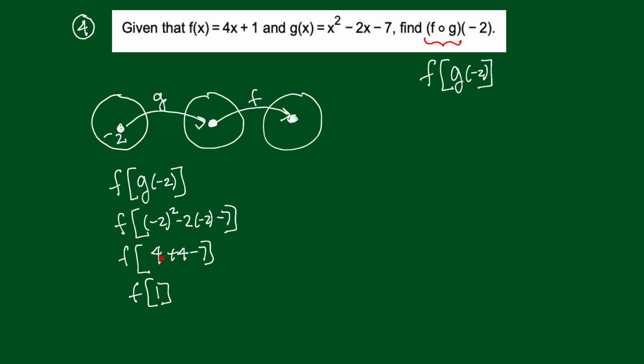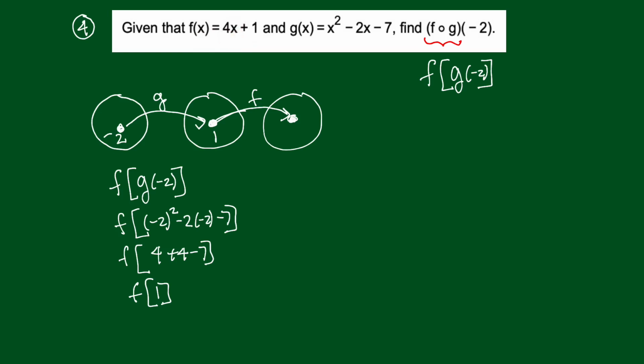All right, so now on the picture, I have processed negative 2 with g, and that took me up here to a 1, right? So this is a 1. Now, put that 1 into f. Well, here's f. So I'm going to take a 1, locate f. I'm putting a 1 here, so I'll put a 1 over here where all the x's are.